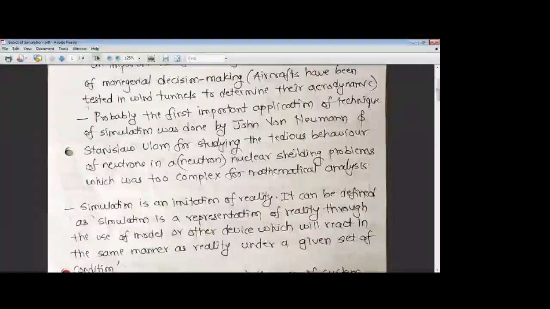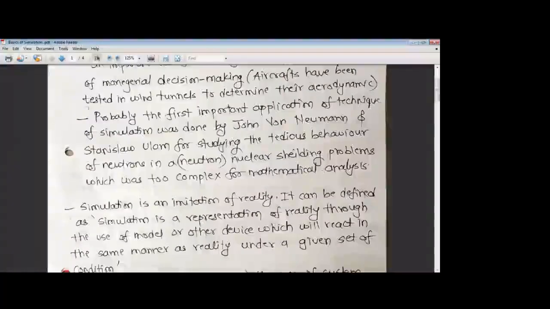They were trying to make a nuclear shield, and they wanted to solve the problems of nuclear shielding. So they studied the behavior of neutrons with the help of simulation techniques, and they went for simulation because the mathematical analysis was very complex, right?